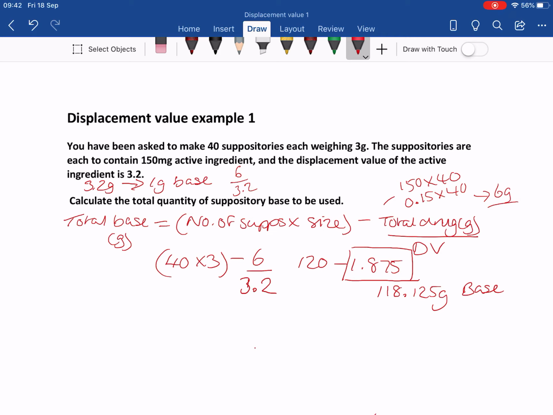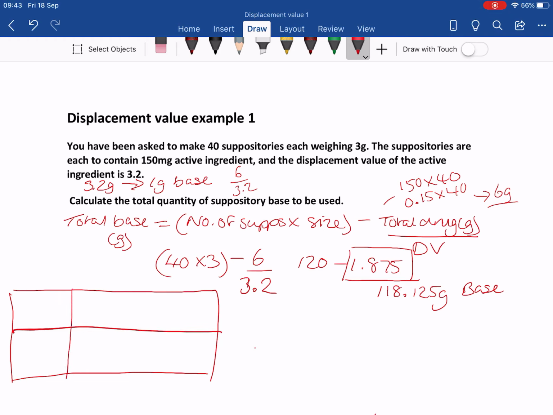So let's go back and look at another example. You can use proportional sets to calculate the amount of base displaced. We do that with the weight of ingredients in grams and the amount of base displaced in grams.